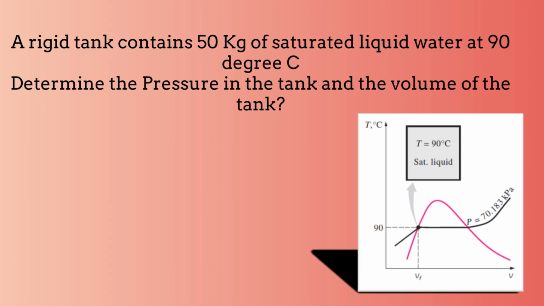A rigid tank contains saturated liquid water with a mass of 50 kilograms and temperature of 90 Celsius, and we have to determine the pressure, and also the volume, by using the equation volume equals mass multiplied by specific volume.